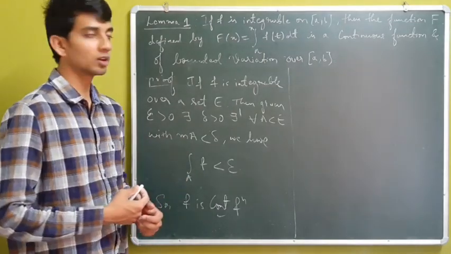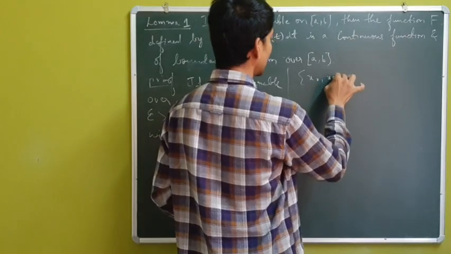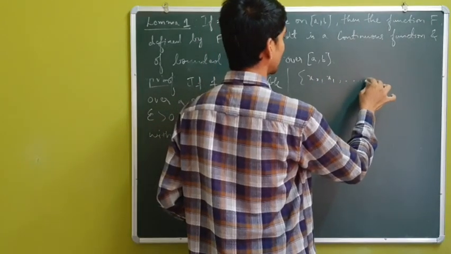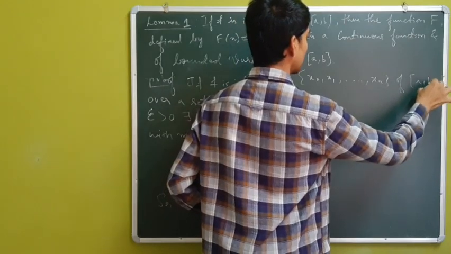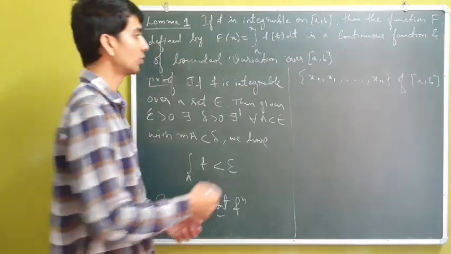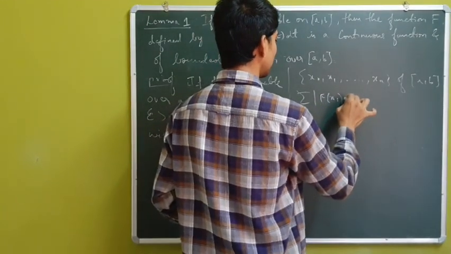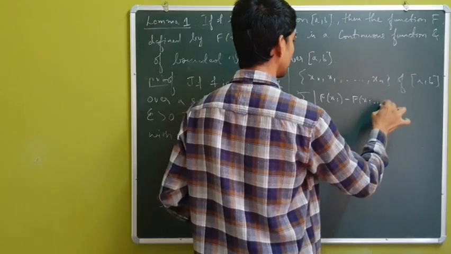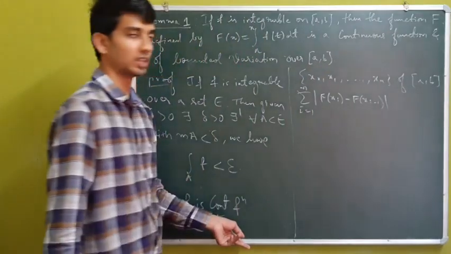To prove F to be of bounded variation, I will consider a partition x0, x1, and so on up to xn of [a, b]. Having a partition of [a, b], now I will consider the summation of mod of F of xi minus F of xi minus 1, i running from 1 to n.